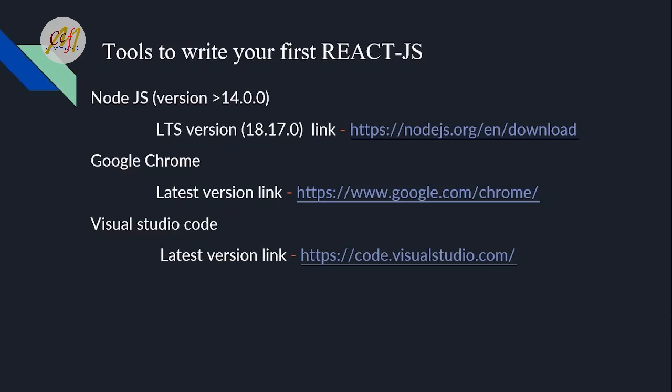The latest version of React is 18, and 18.x does not support these older Node.js versions. So minimum 14 and above I'll suggest, but the latest stable version is 18.17.0, so I'll prefer to go with the latest version. So let's download Node.js first.